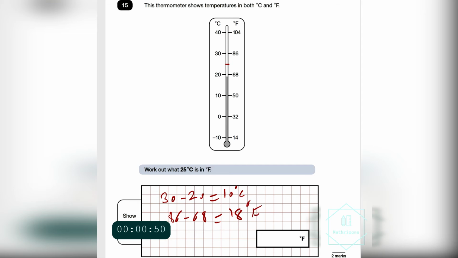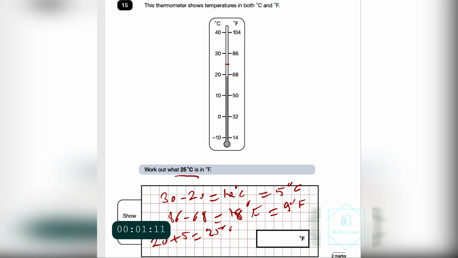So that's the difference between these two. And we are saying halfway of 2 because that will become 20 plus 5. So if we do the half of this, which will be 5, and the half of this will be 9 degrees Fahrenheit. So 20 plus 5 is 25 degrees centigrade. That's the asking question.